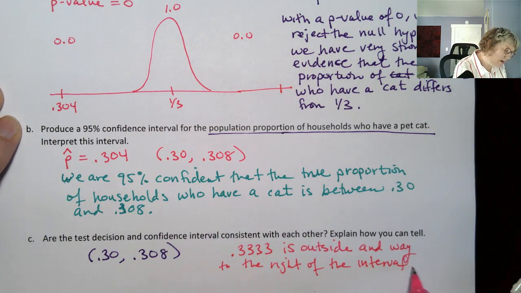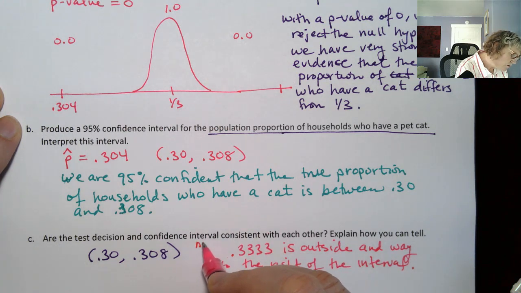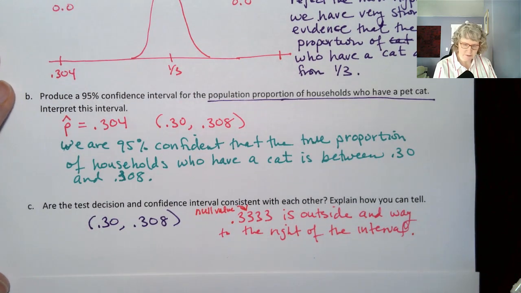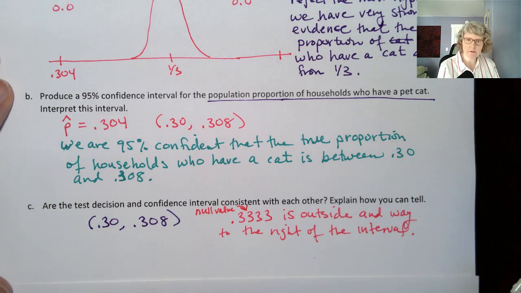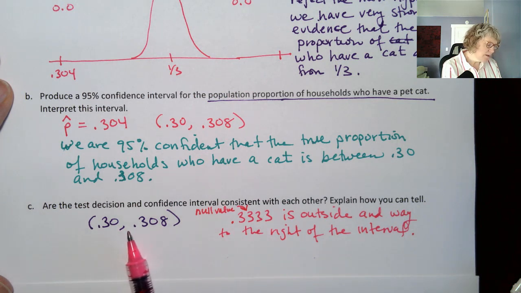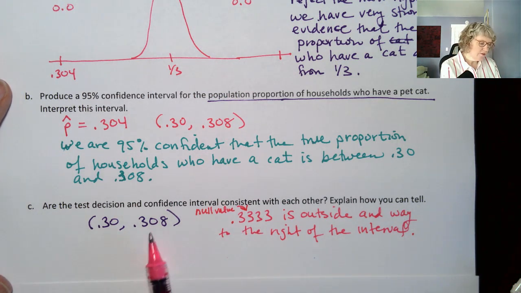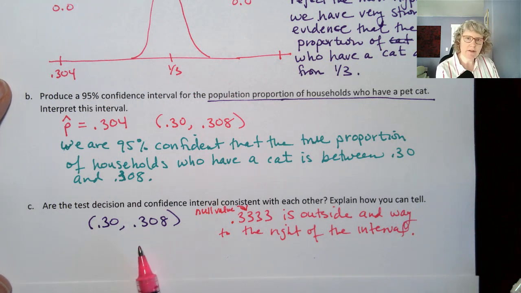So I could have said the null value in our null hypothesis is outside and way to the right of the interval. Okay, so if the null hypothesis is outside the interval, then that's suggesting it's not a plausible value for the true proportion, right?